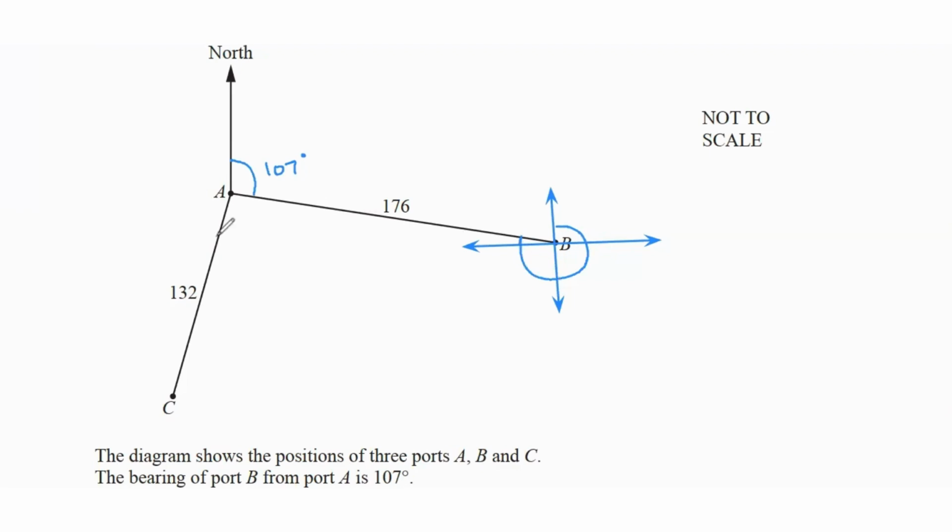In parallel lines, alternate angles are equal, which means this entire thing is 107 because this north and this north are parallel and AB is the transversal. So this angle is going to equal this angle. So the bearing for the first part is going to be 180 plus 107. It's going to give us 287 degrees. That's for part A.